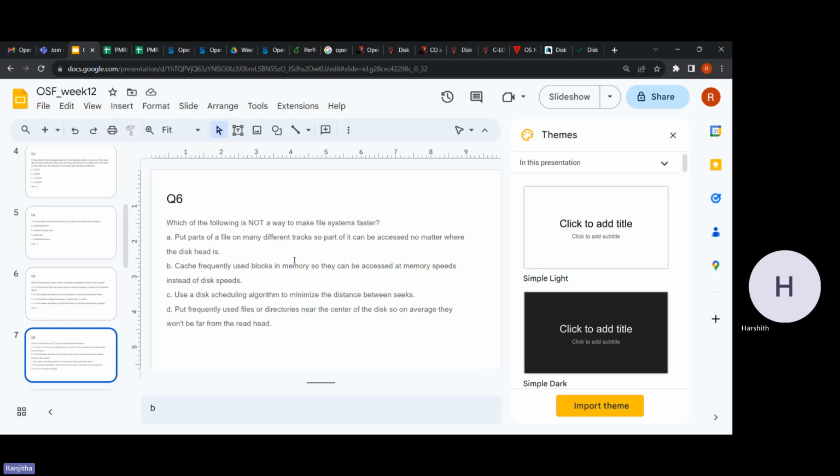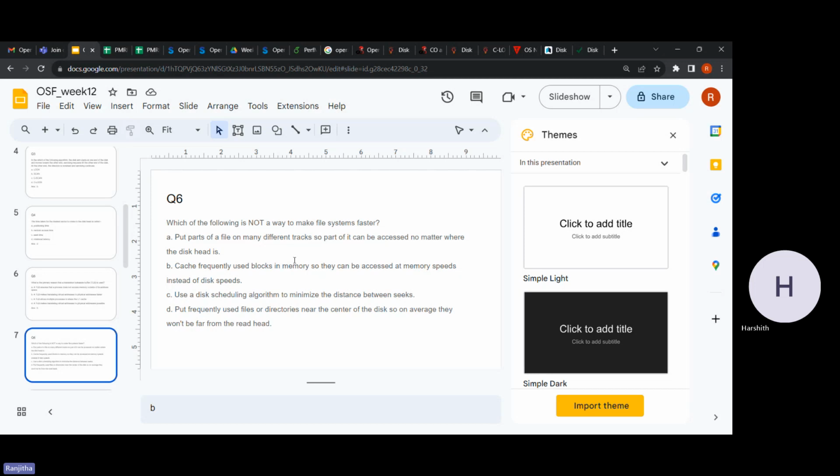Which of the following is not a way to make file systems faster? Put parts of a file on many different tracks, so part of it can be accessed no matter where the disk head is. Cache frequently used blocks in memory, so they can be accessed at memory speed. That is a way to make it faster. Use a disk scheduling algorithm to minimize the distance between seeks. That is true.